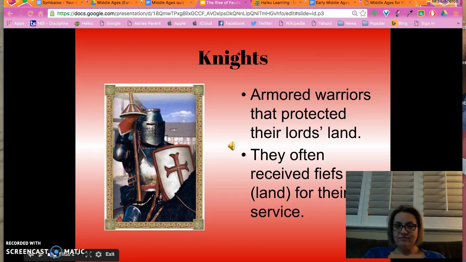Knights. These are armed, armored warriors that protected their lord's land. And they often received fiefs, which is land, for their service. Instead of money, they were getting land, called fiefs.